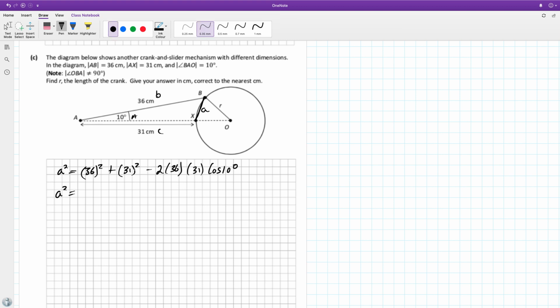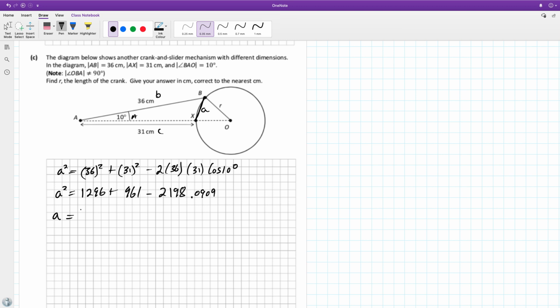So, A squared equals 36 squared is 1296 plus 31 squared is 961 minus 2 times 36 times 31 times the cos of 10, which is minus 2198.0909.